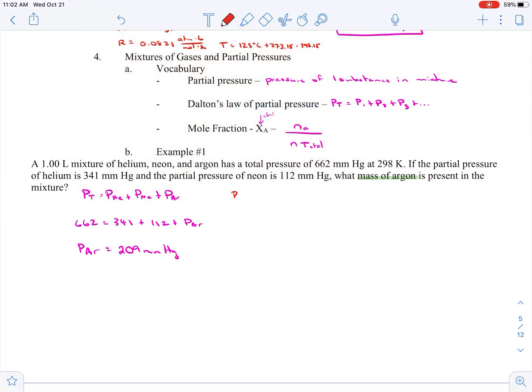So P of argon is 209, but we want to convert that to ATM so we can use the correct gas constant. So we're going to divide by 760, and that'll tell us our ATMs.